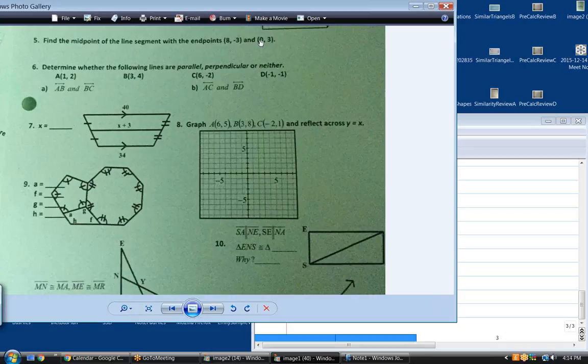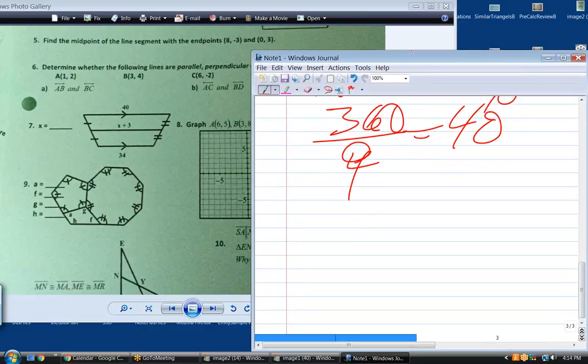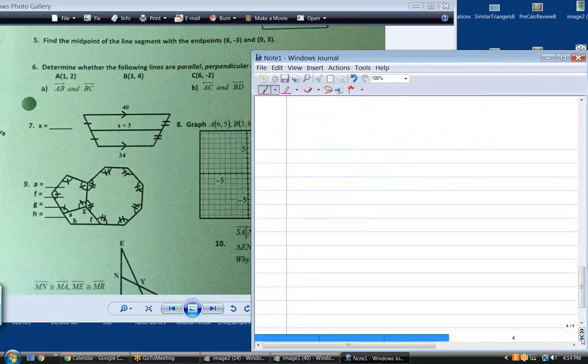So what's the midpoint if I have an x of 8 and an x of 0? 8 and 0 would be 8? The way you find the midpoint is to add the two together and divide by 2. Okay, so it'd be 4.